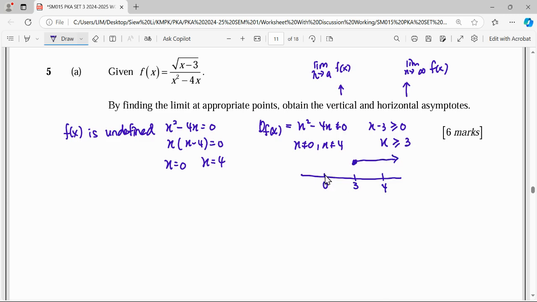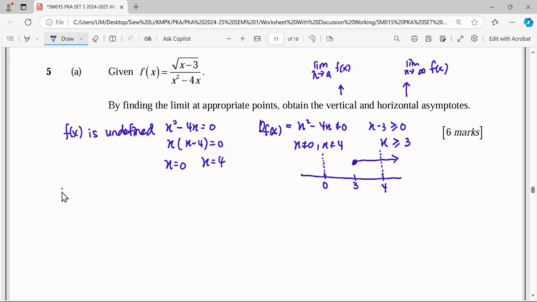Our graph will maybe have an asymptote at 0. Maybe we have an asymptote at 4. So when you observe here, bila kita punya graph more than or equal to 3, is it valid for x equals 0 here? No. Alright, so therefore we just analyze this part.